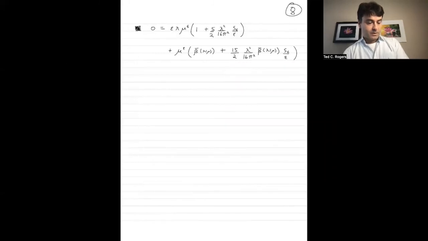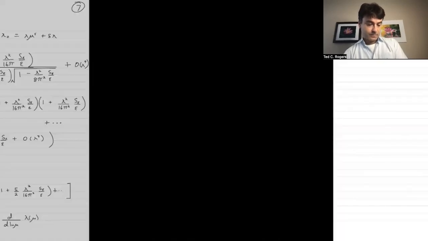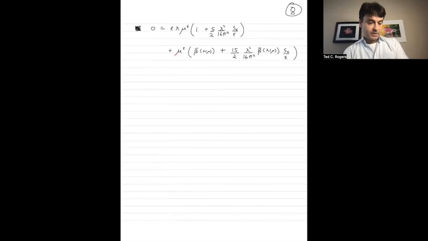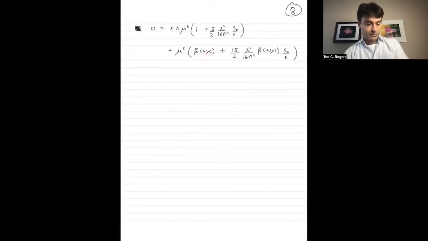And then we have to do this factor, which again is just mu to the epsilon times the derivative of all this stuff. So that's mu to the epsilon. And now we use the chain rule. The derivative of lambda with respect to mu is just this beta bar I've written here.